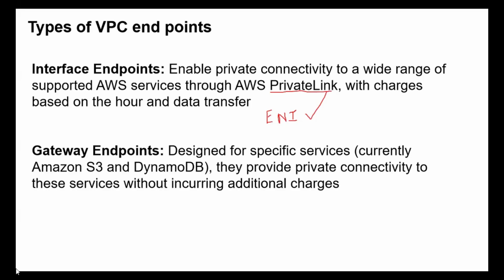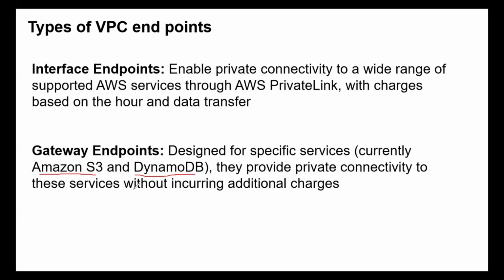Then the second category, what we have is the gateway endpoint. So what is a gateway endpoint? So if at all you want to have your resources within a private subnet, talk to the services, typically S3 and DynamoDB, right? So let's say we have an application server inside a private subnet, and that application server needs to connect to the S3 service or connect to the DynamoDB via the private link. In that case, you go ahead and set up a gateway endpoint, right? So gateway endpoints are mainly specific to these two services, Amazon S3 and DynamoDB, whereas the interface endpoint can support or can communicate with multiple AWS services.